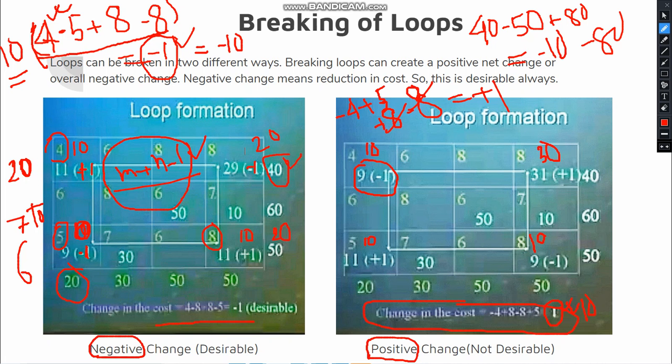So which one will you prefer? Obviously the negative change, because your whole objective is to minimize the transportation cost. So whenever you are going to break this loop, you have to keep in mind that the ultimate change should be negative. You are not going to apply some positive change to break the loop. So this has to be kept in mind.